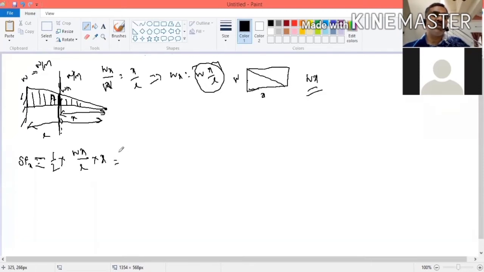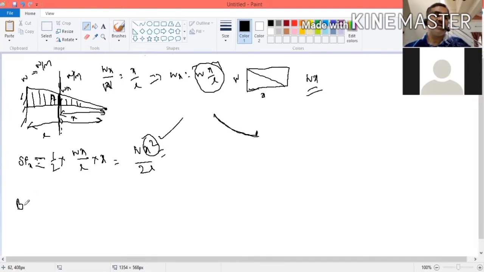So this will be the load, W X square by 2L. So what do you understand from this? Here the shear force is varying in quadratic form. If you know the shear force at 2 points, then you have to connect them with a quadratic curve, since it is varying as x square.